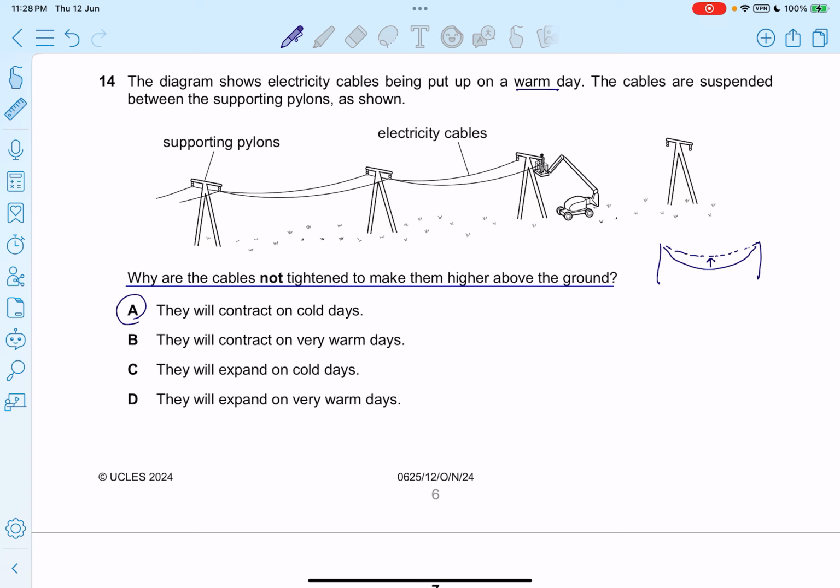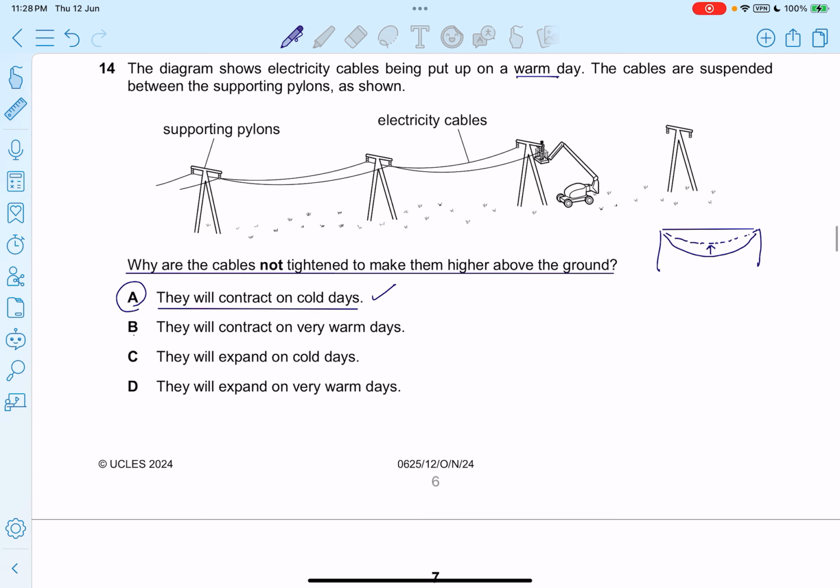Because of the cold days, we don't make the cables go up more, because if it's too high up, then the cable will be stretched straight like this, which is not good. So because it's a warm day, you let it sag a little, and on a cold day it will go back up. So they will contract on cold days is the correct explanation. So 14 is A.